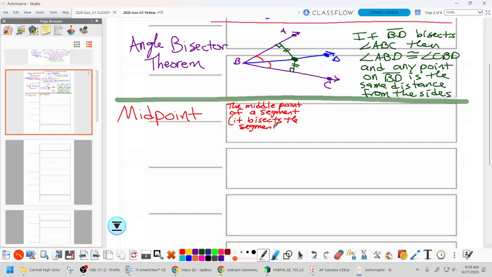In other words, this is a point instead of a line, but it does the same thing to the segment as a bisector. It splits it in half. So we'll see how we can use that to solve, not just for the point, but also for lengths of lines.